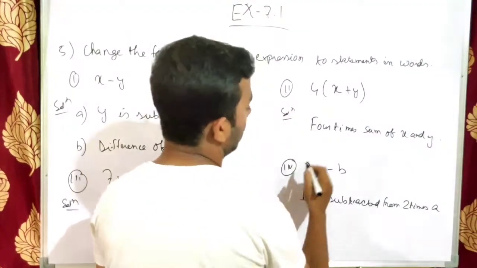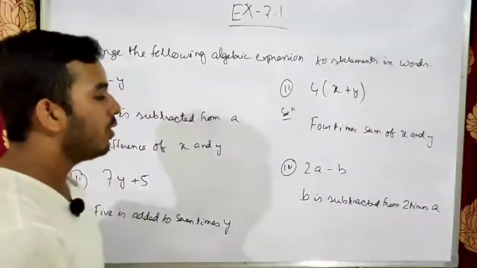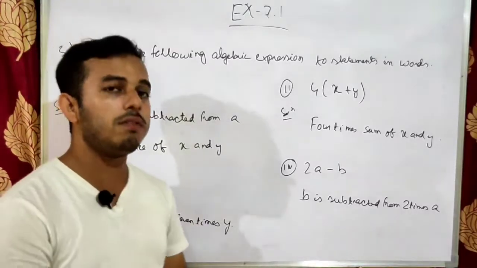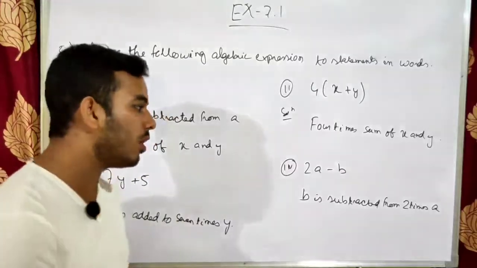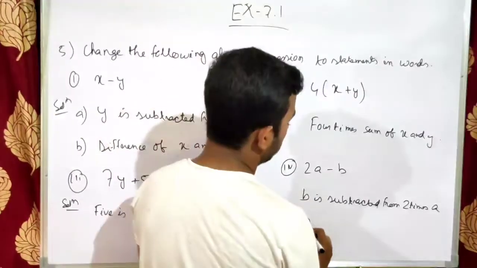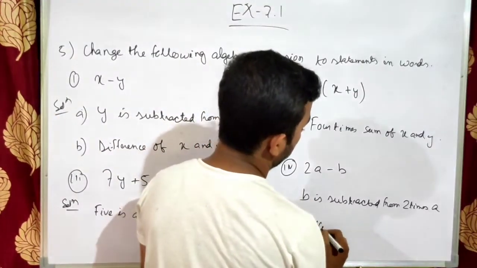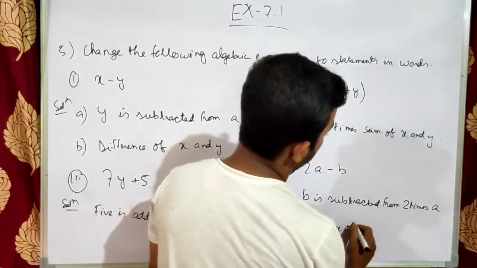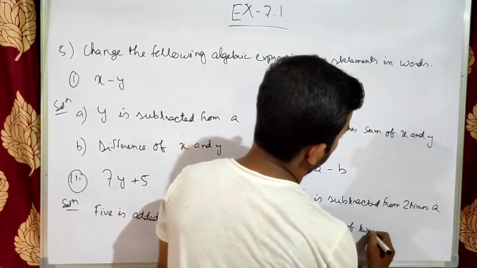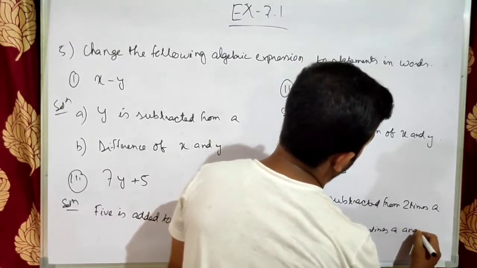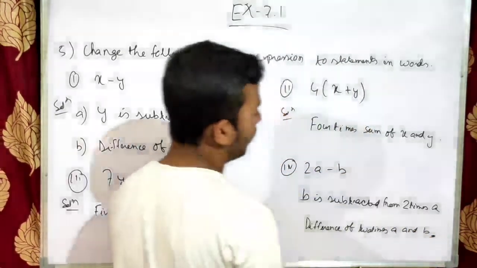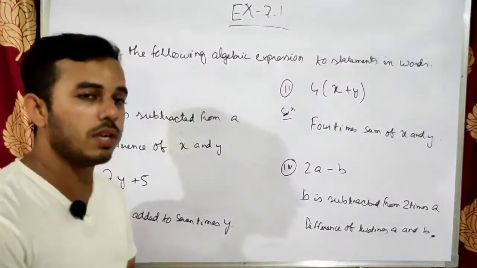You can say this one. Or you can say the difference of 2 times a and b. You can write this one also, difference of 2 times a and b.